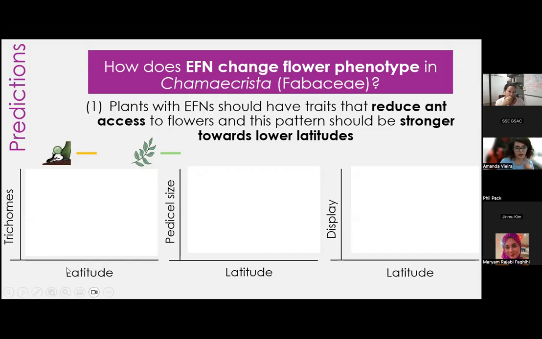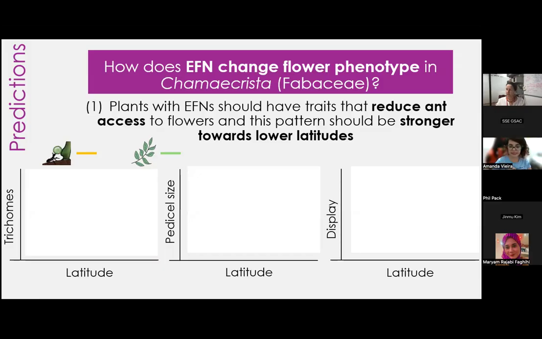In all figures we will have the latitude on the x-axis from 0 to 90, and on the y-axis, again, the traits we are interested in. And we'll have two lines, different in color: orange represents plants with extrafloral nectaries, and green, plants without extrafloral nectaries.